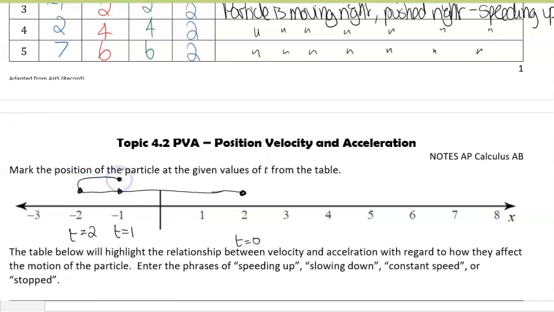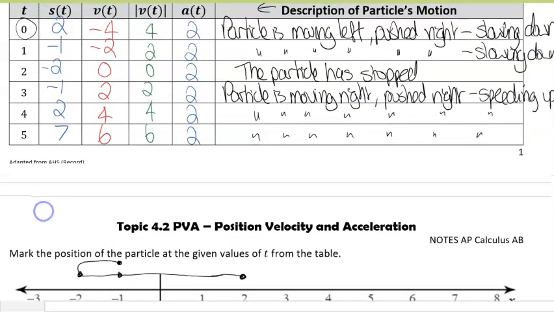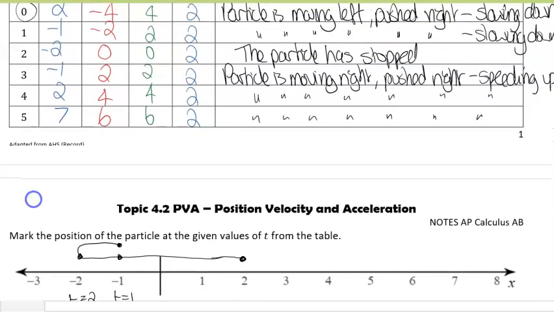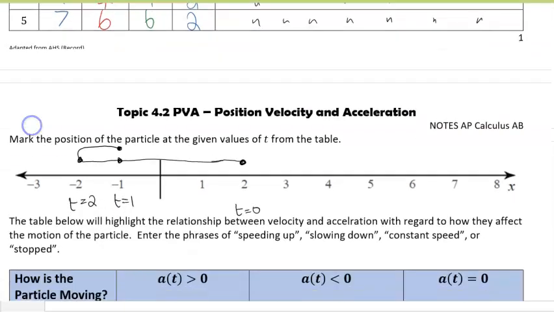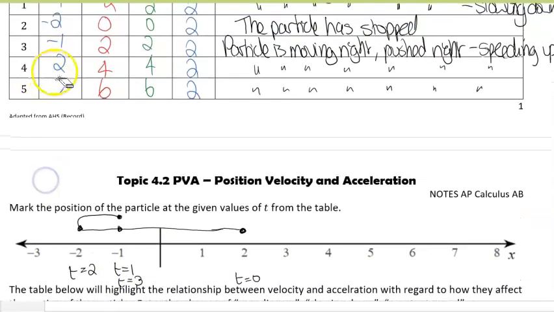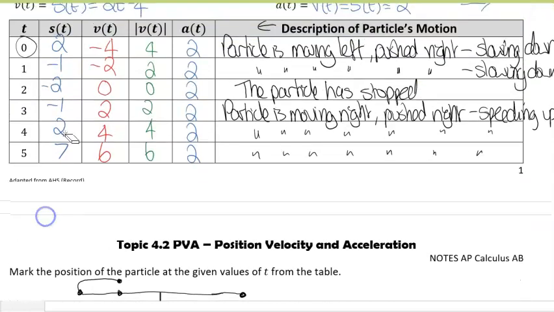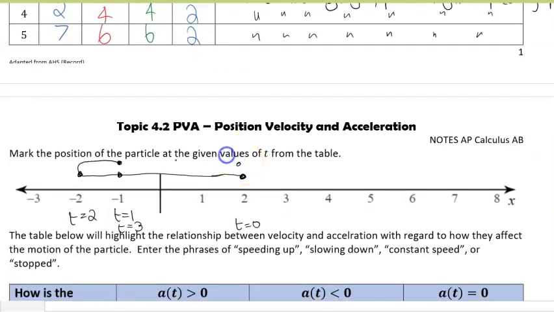Come back, and that's based on the fact that at 0, we said it stopped, but this is going to the left because of the negative, and then going to the right. That's how we know that it's turned around. And that's at time 3. Mark this on here, time equals 3. At time 4, the position is at 2, so it's actually back to where it started. It's got all the way back over to here.